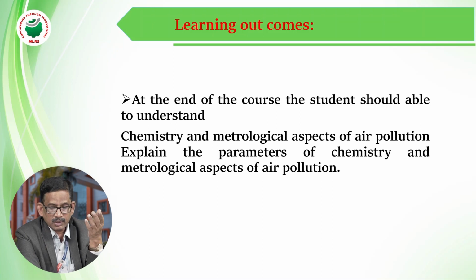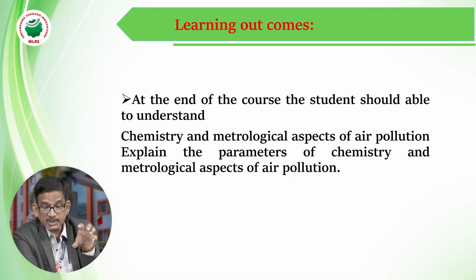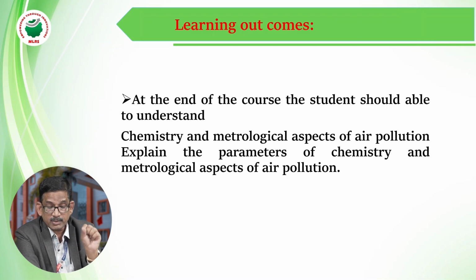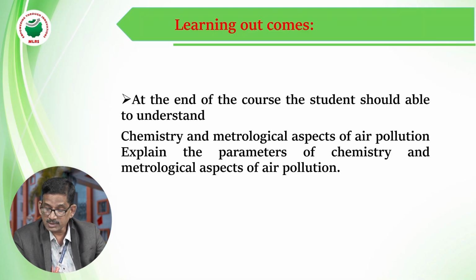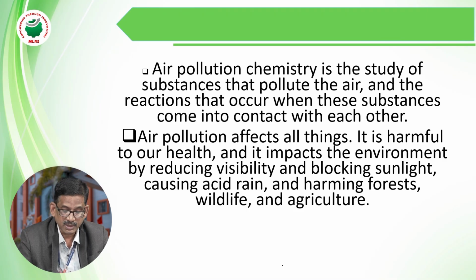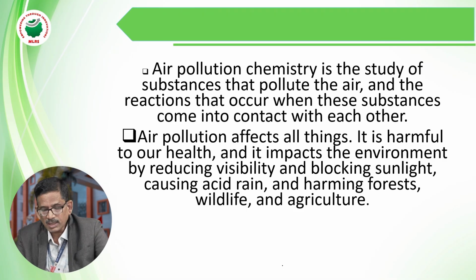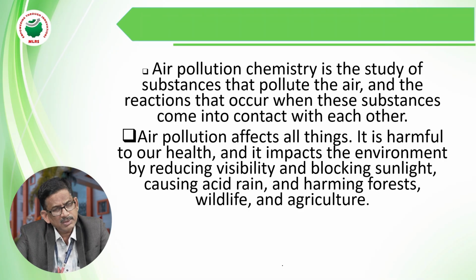So, the chemistry and meteorological aspects of air pollution: explain the parameters of the chemistry. What are the parameters of the chemistry and the meteorological aspects? In this class, we are going to learn what air pollution chemistry is and its importance. What are the meteorological factors, why are they important, and how do they influence air pollution chemistry?